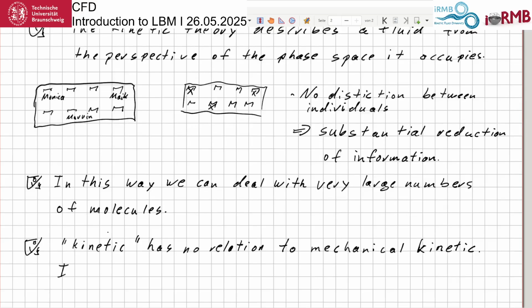So what this refers to is the change of the states, the dynamics of the states. Basically, the transitions from one occupied state to another.